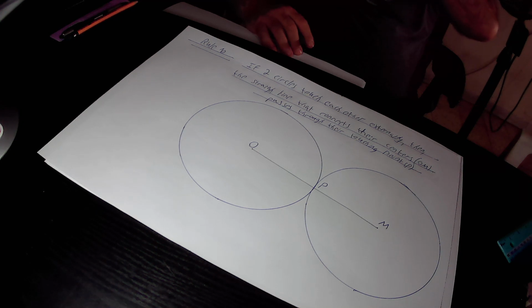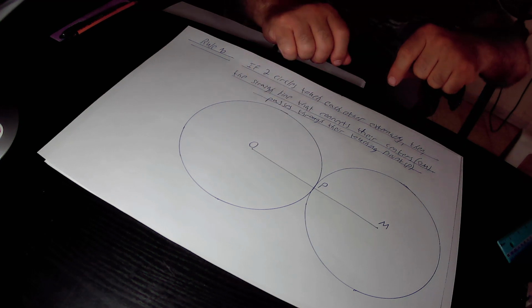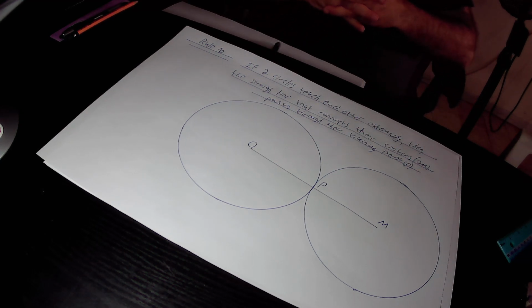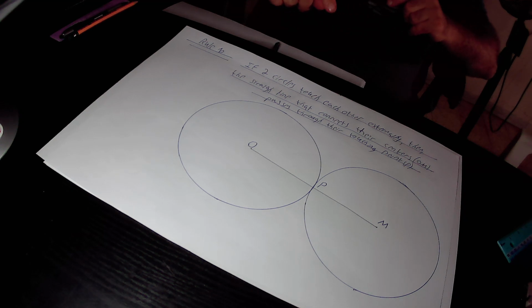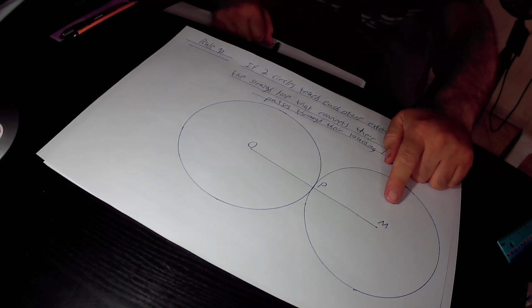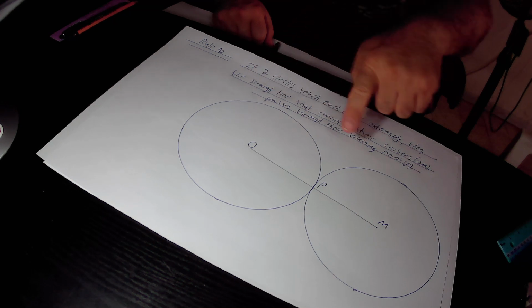between them, here those two circles touch each other externally at this point, point P. Then the straight line that connects their centers together, here the center of this circle is at point O and the center of this circle is at point M, is of course the straight line OM.